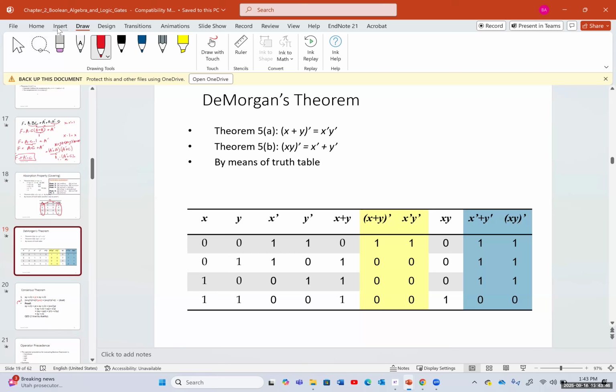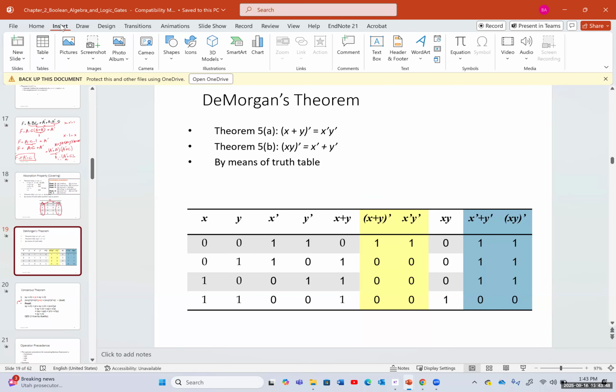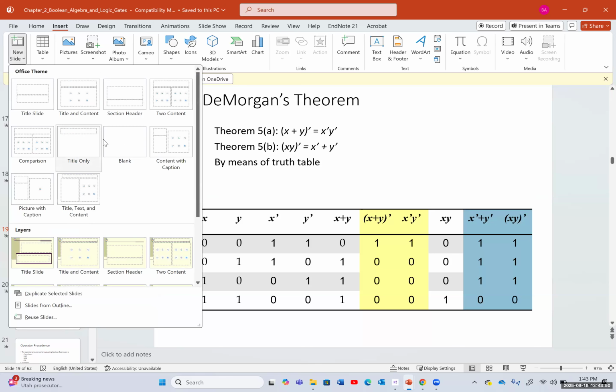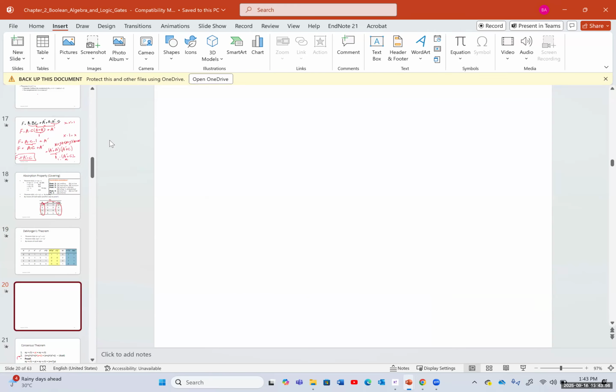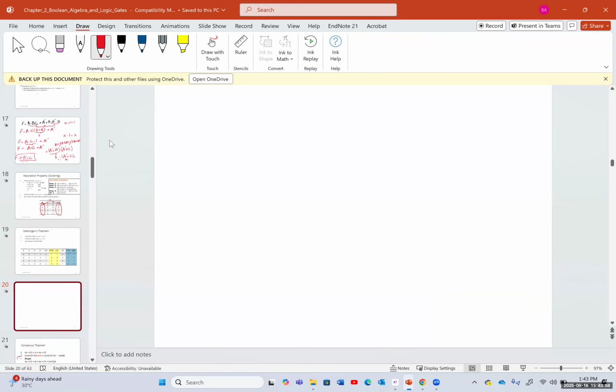Now, let me give you another example. We want to simplify the following equation. F is ABC plus A B prime plus C prime. I want you to simplify this.